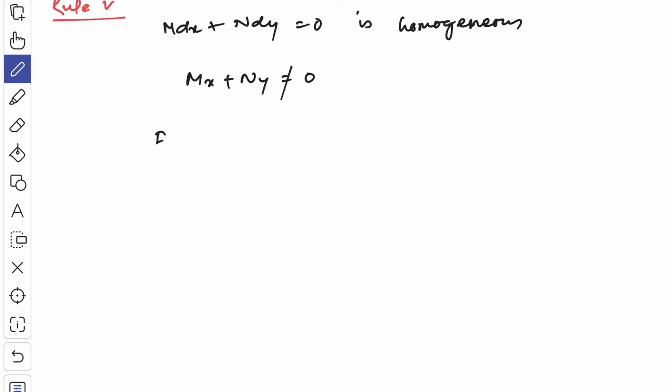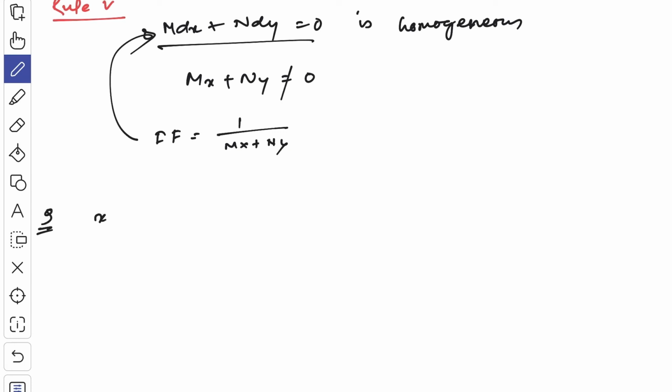In that case our integrating factor will be 1 by (Mx plus Ny). Then we are going to multiply the integrating factor here, then we are going to integrate. So let me show you one question.